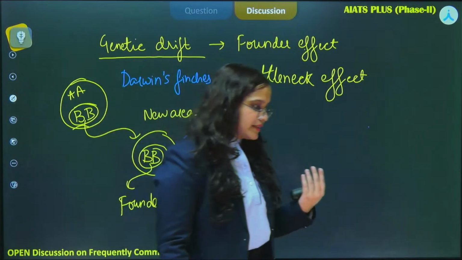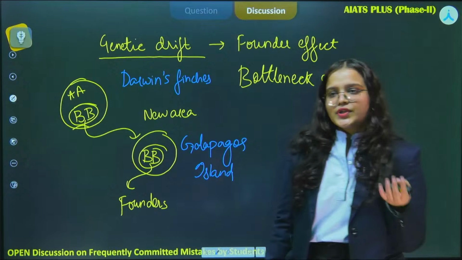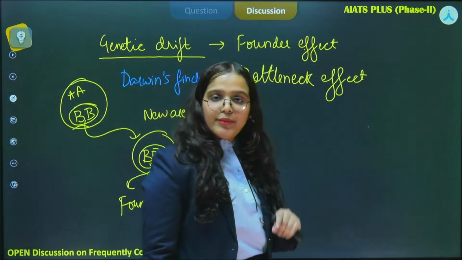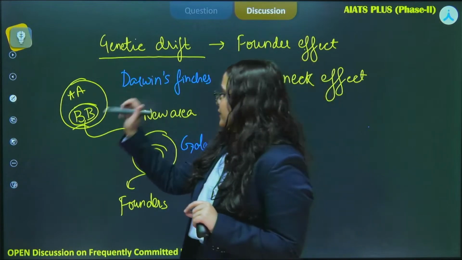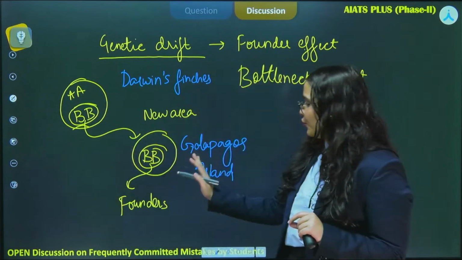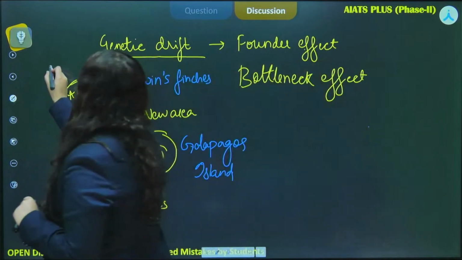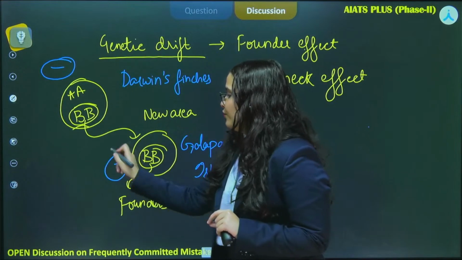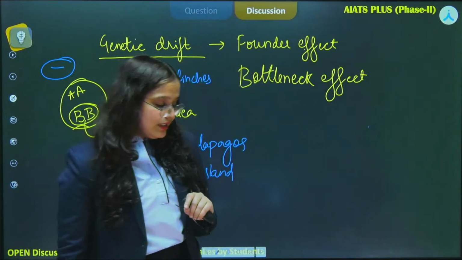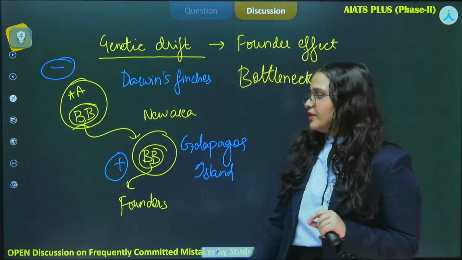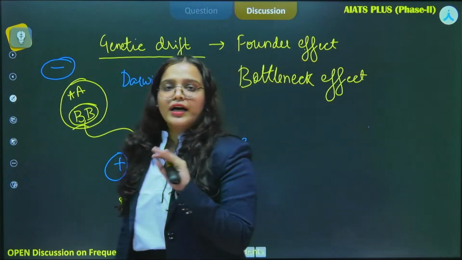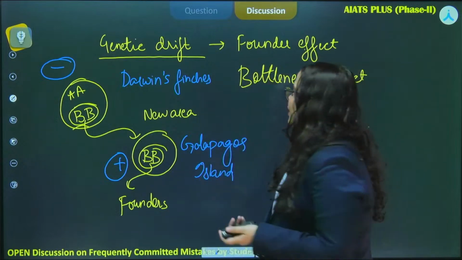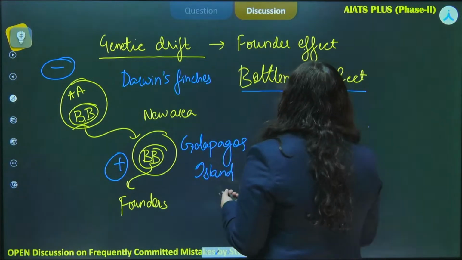For insects, some started eating fruits, some ate cactus. All right, so basically what happened here is that the population of Darwin's finches moved to a new place. So here there was loss of genetic diversity, but here it was gain of genetic diversity. So basically we are trying to imply that whenever there is this disturbance of gene, it will lead to loss of equilibrium.